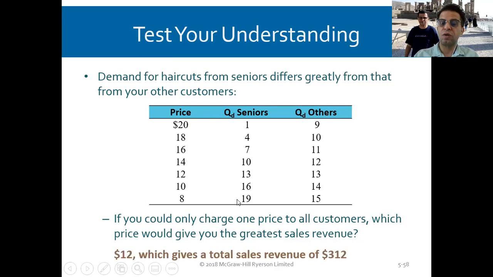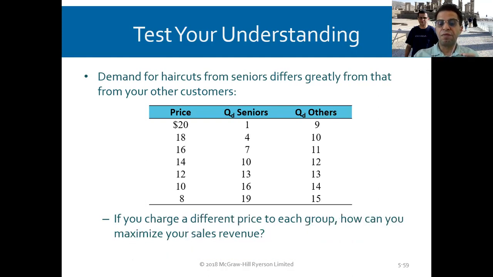When we don't distinguish pricing and sell at $12 a haircut, we cut 26 hairs, while at $14 we only do 22. So at $12, 26 multiplied by 12 is 312, and that is the highest total revenue among these cases.